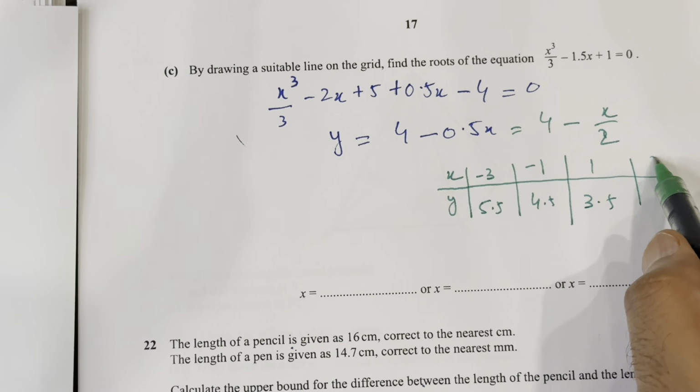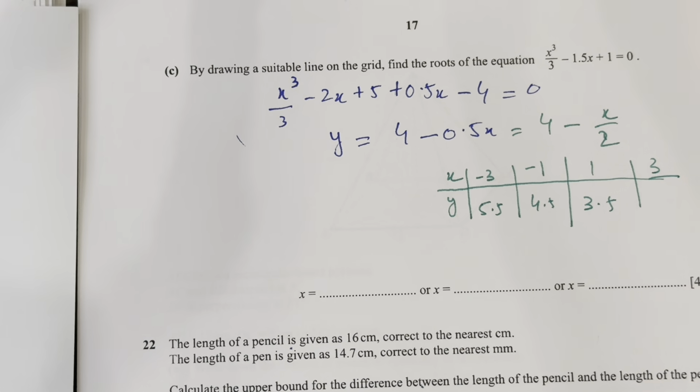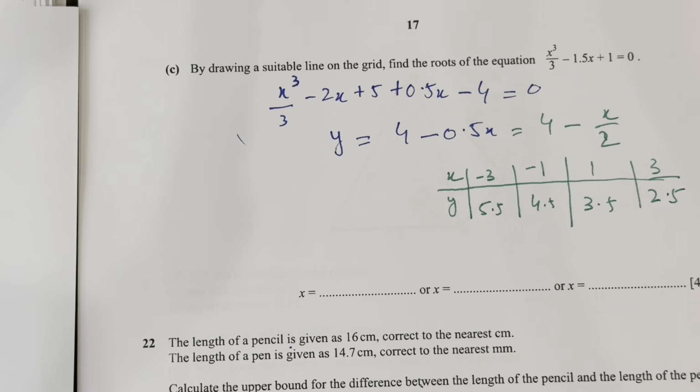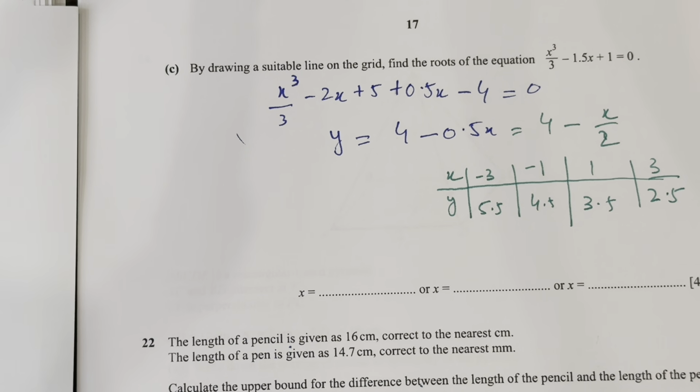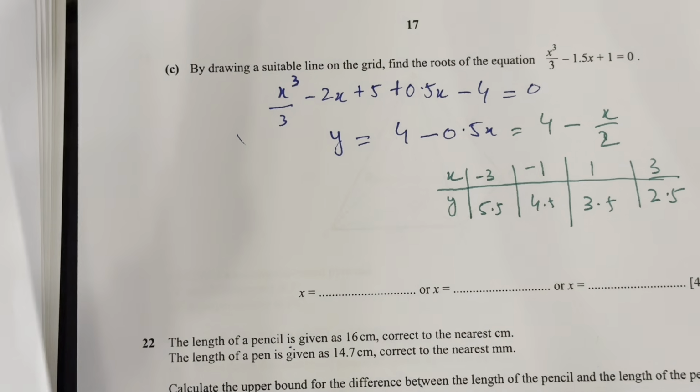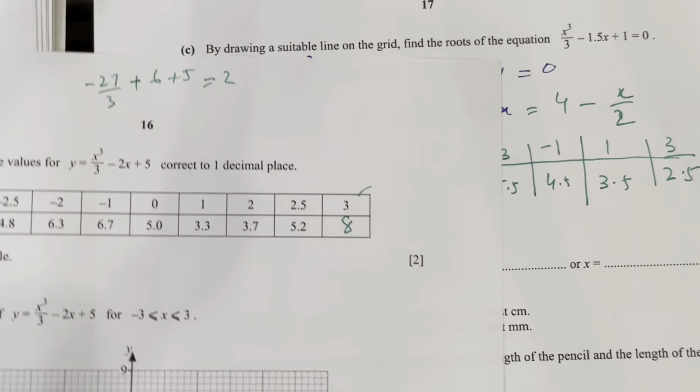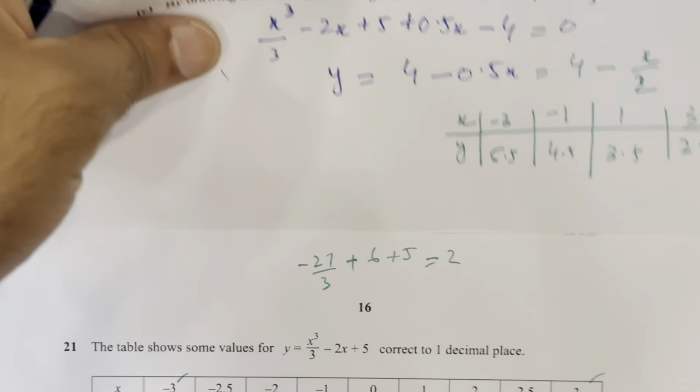When we use 3, 3 into 0.5 would be 1.5, and after subtracting from 4, the answer would be 2.5. So this is how we have taken these values. You can also take other values if you want, but I think these are suitable considering our graph.